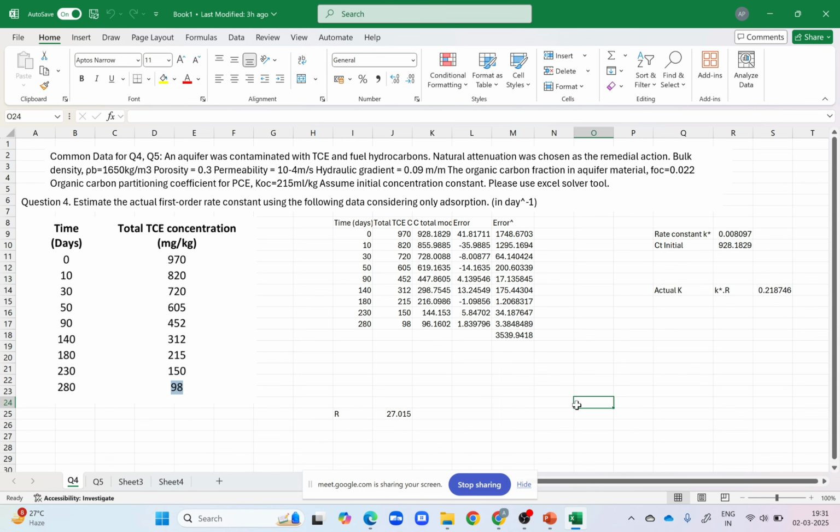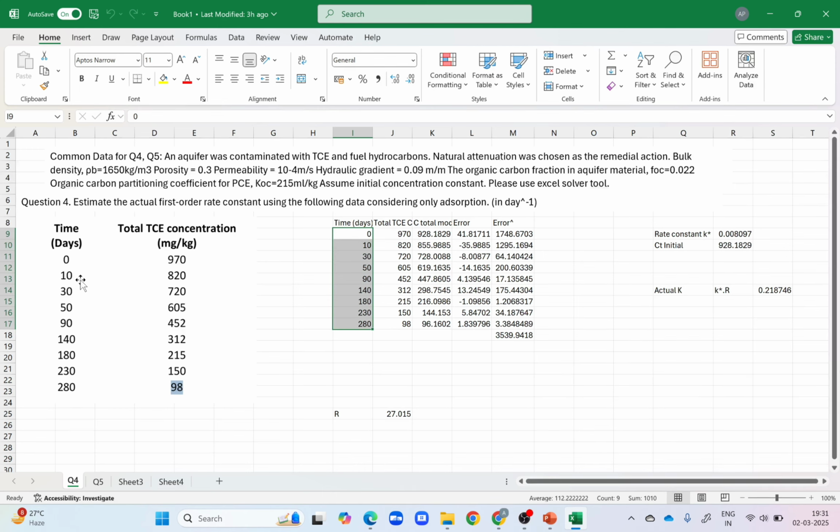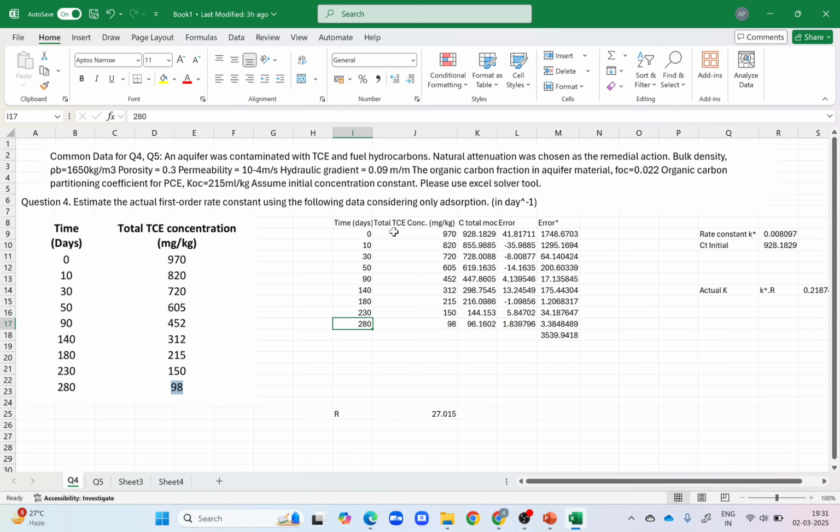Here we can see. I hope all of you know how to use the Excel solver. So first we'll find out the retardation factor. Let's find out the K star, and then we will find out the retardation factor. Here I have written the time interval which is given in the question from 0 to 280, and then the total TCE concentration corresponding to that time interval.